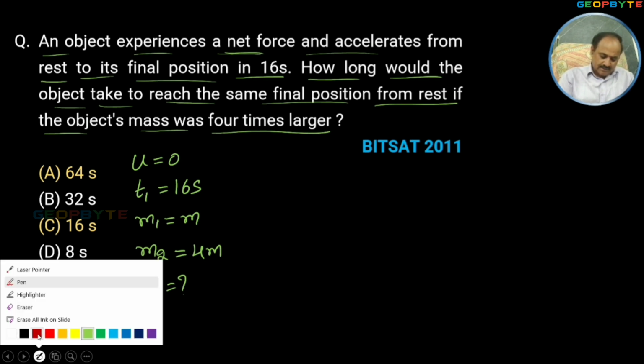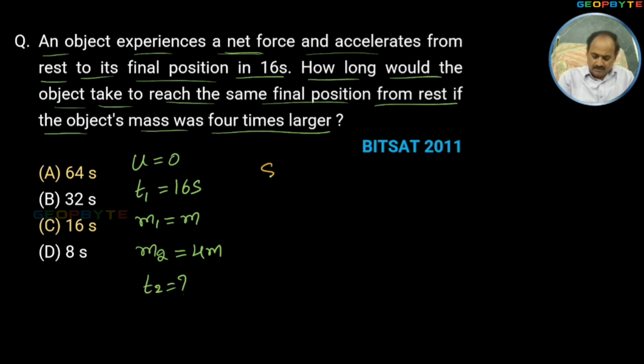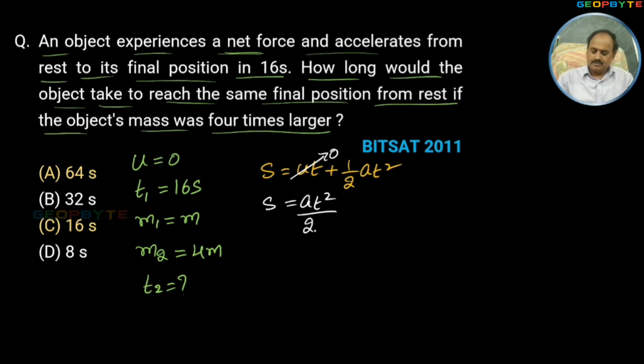For that, let us take one of the equations of motion, s equal to ut plus half at square. Since the block starts to move from rest, initial velocity is 0, then s equal to at square by 2.